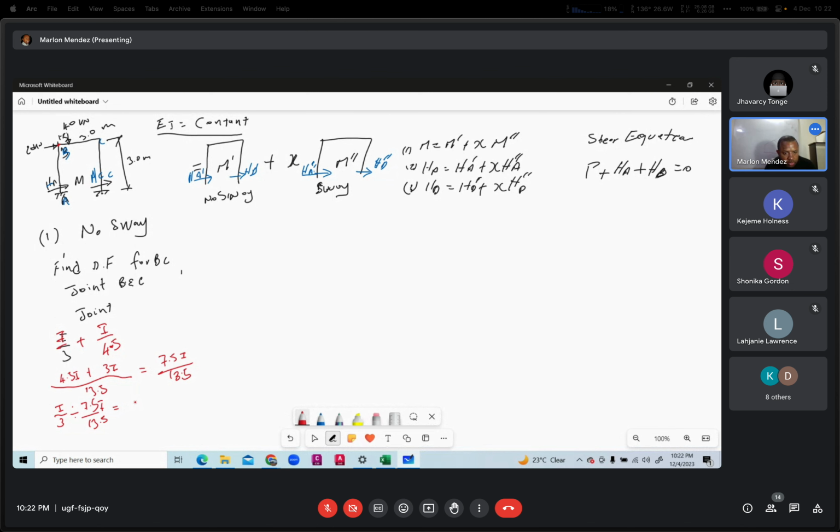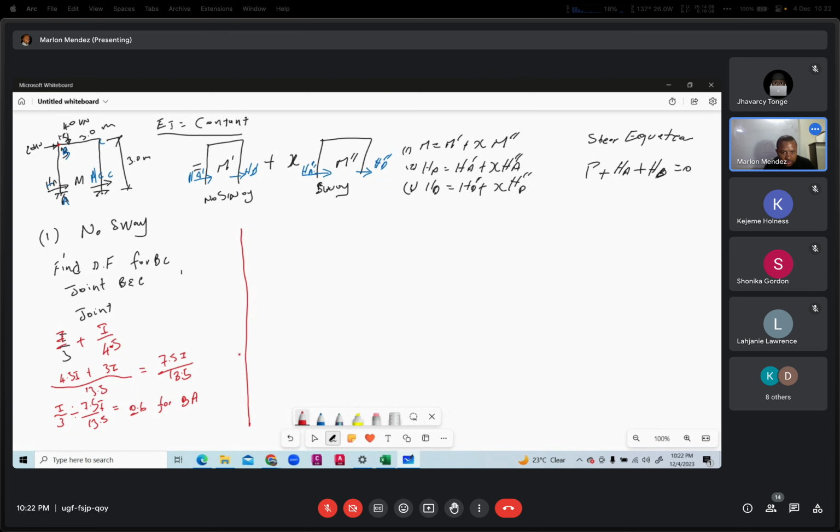Once you divide it, this becomes 0.6. This is for BA, because you're moving from BA. Then let me just come right here.